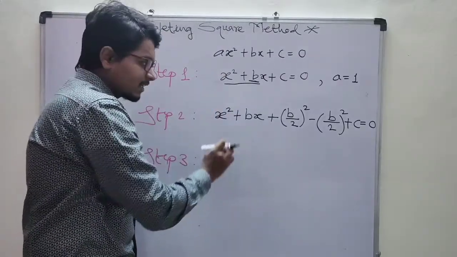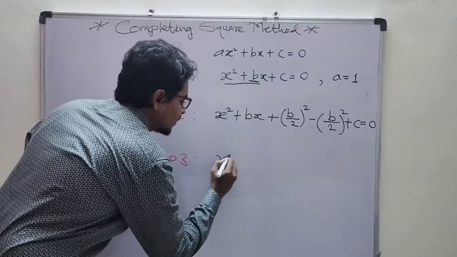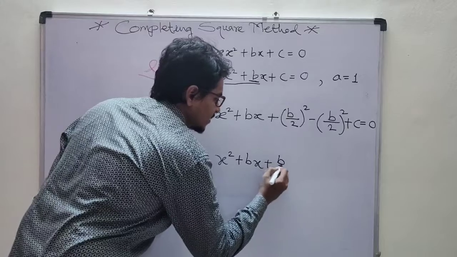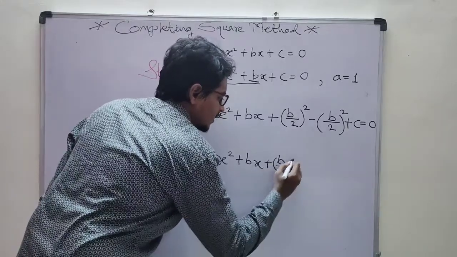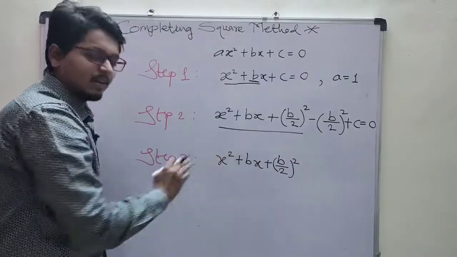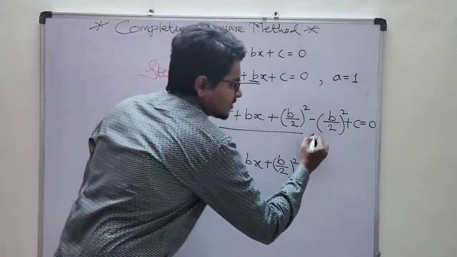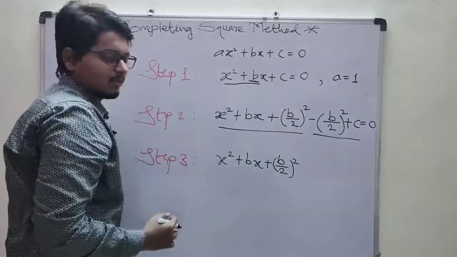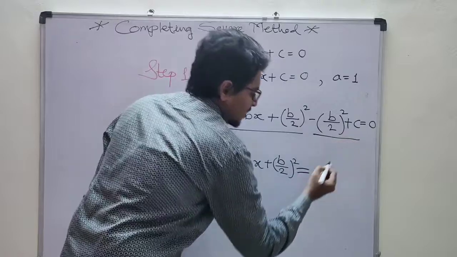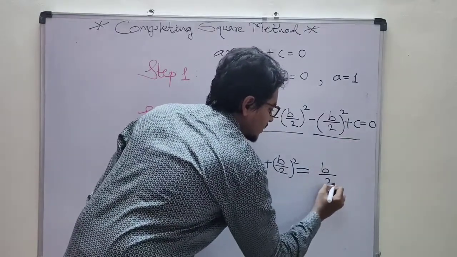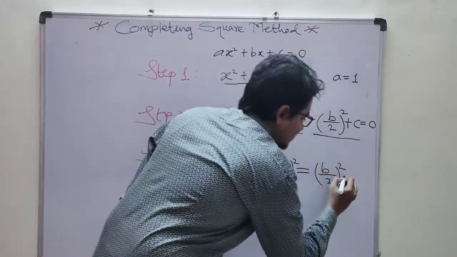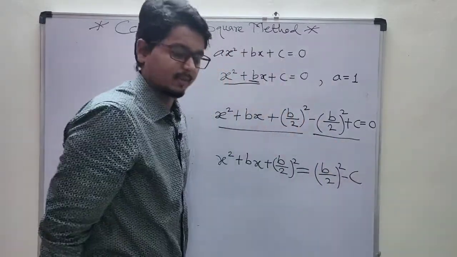Now after that, next is x square plus bx plus b upon 2 square. I am taking these three terms to the left side of the equation and shifting these two terms to the right side of the equation. What I get is, this minus becomes plus on the right side of the equation, b upon 2 square, and this plus c becomes minus c on the right side.